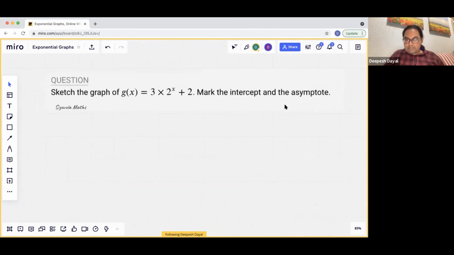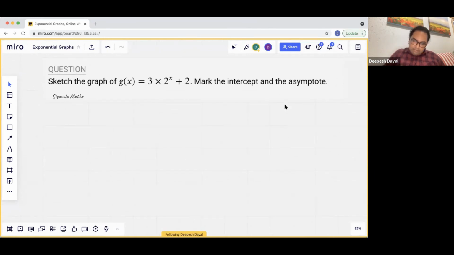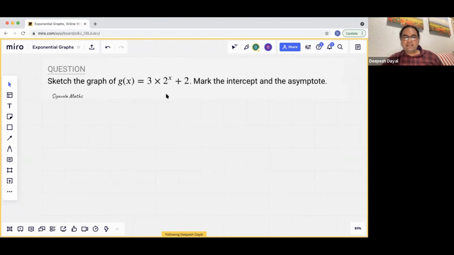We need to figure out where this graph goes, so we must go back to look at those 8 graphs again. What do you think? You can just show me thumbs up or type in the chat. Do we need to go back to those 8 graphs, or do you know where it is?